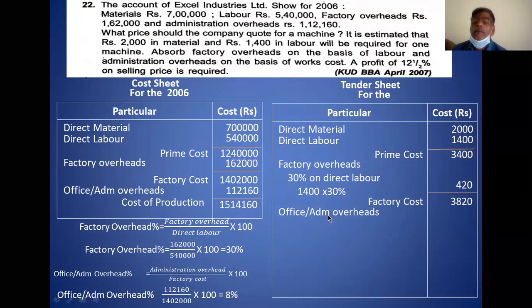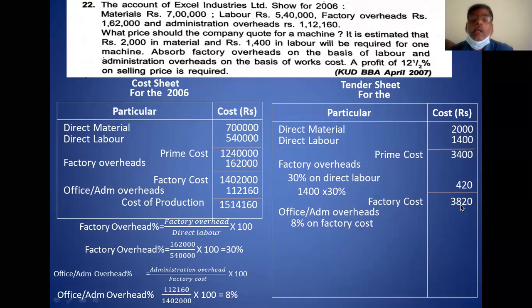Then next, office and administration overhead. Administration overhead is 8% on factory cost, already calculated. 8% on work cost or factory cost. Factory cost is 3,820.